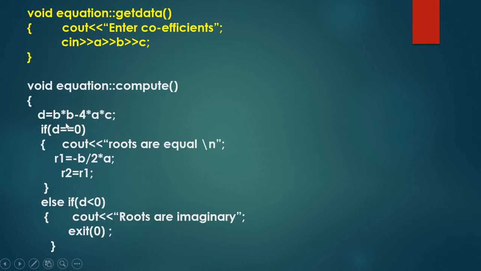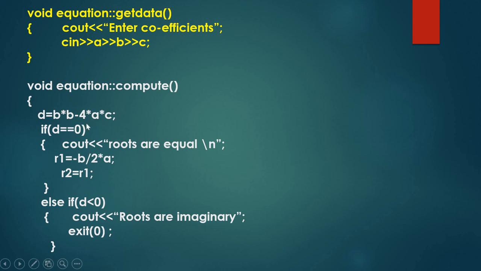If D is equal to 0, print roots are equal. Then what is the first root? R1 is equal to minus b divided by 2 into a. That is the root. Then the second root R2 is the same, so R2 is equal to R1.